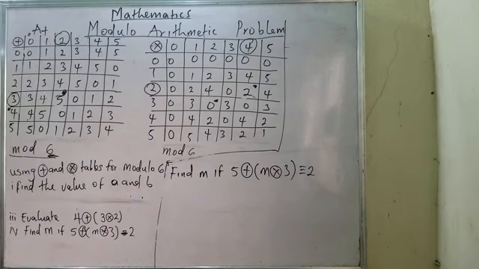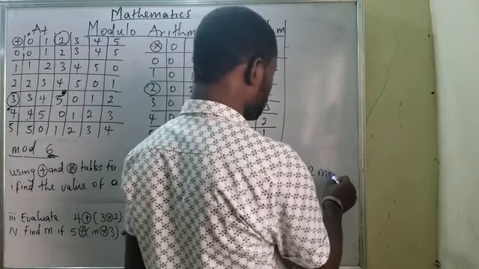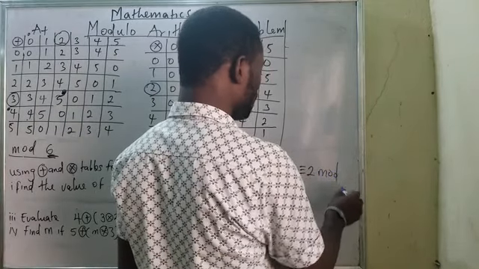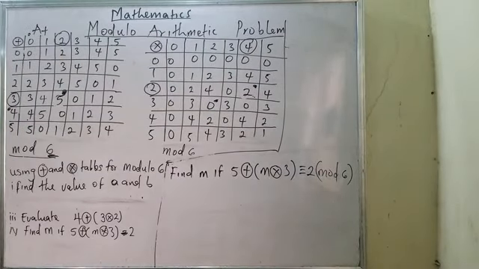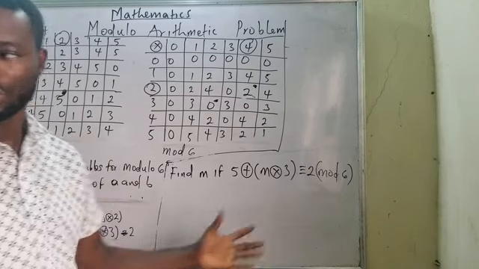Now, look at this. It's very simple. Don't forget 2 mod 6. It's good to put this there. That is the standard way of presenting your results.